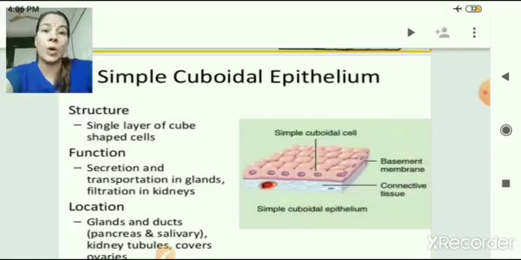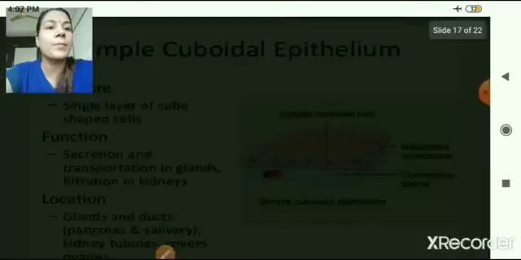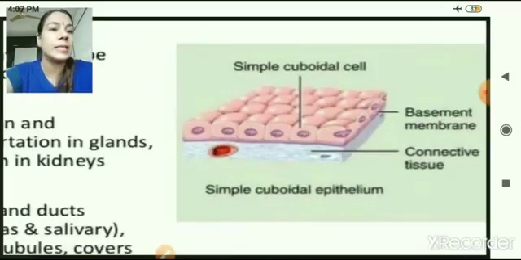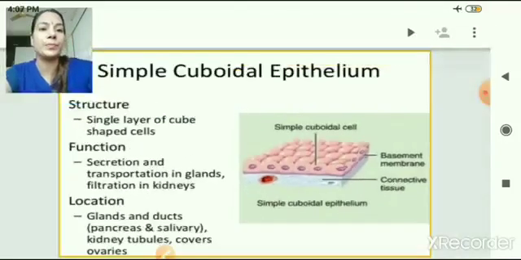These are a single layer of cube shaped cells and the function is secretion and transportation in glands, filtration in kidneys, and its location is in glands and ducts, specifically in pancreas and salivary glands, and it is also present in kidney tubules and it covers the ovaries also. Here in this diagram you can see simple cuboidal epithelial cells. The shape of the cells is cuboid, that is why it is called simple cuboidal epithelium.